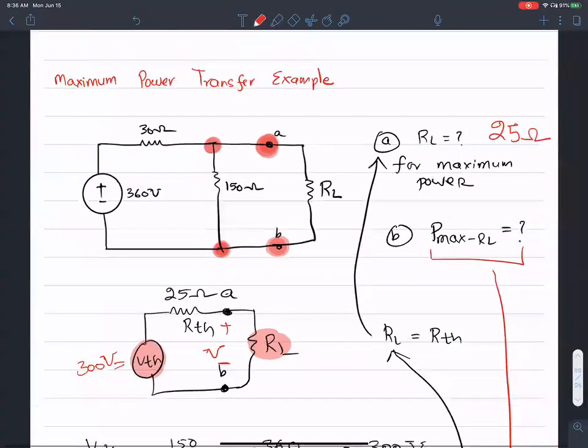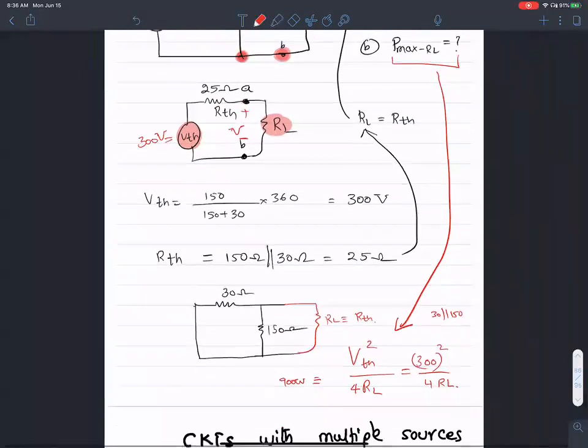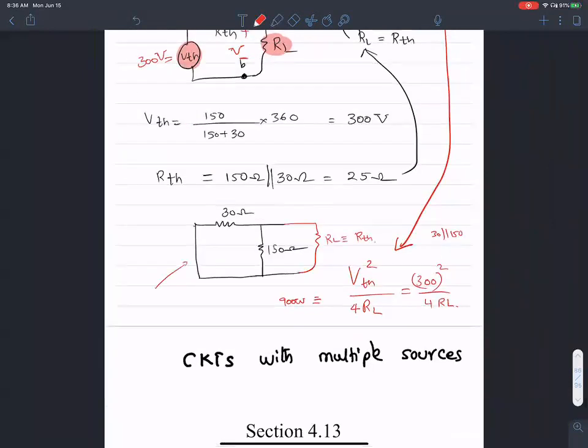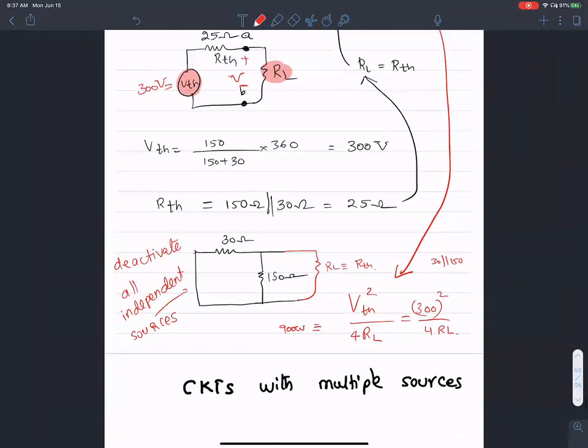You remember the first step in calculating R Thevenin is to deactivate all independent sources. And the way to deactivate a voltage source is to replace it with a short. And the way to deactivate a current source is to open circuit it.